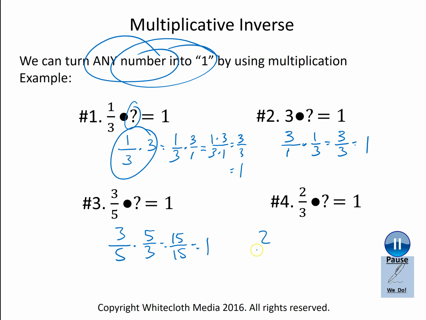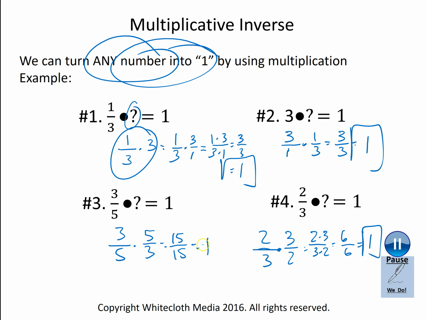And the last one, 2/3 times, I guess you got it, 3 divided by 2 gives me 2 times 3, 3 times 2, which gives me 6 divided by 6 equals 1. So I can multiply any number by another number and get 1.